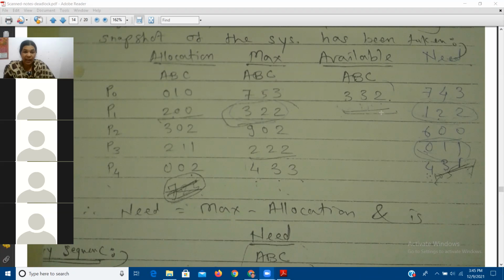If P0 has requested 221, we can grant P0's request because available is 332, need is 743, and the request is less than available as well as need. So after granting the request, we need to change the allocation, the available, and the need. And accordingly, we can calculate the safe sequence.